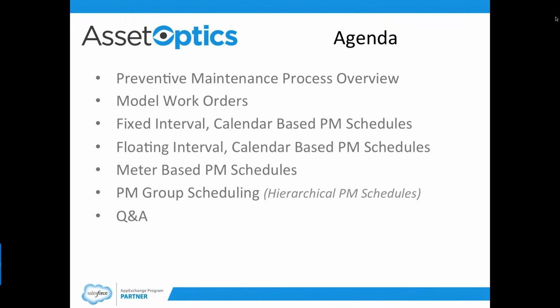And those 4 different types are fixed interval calendar-based PM schedules, floating interval calendar-based PM schedules, meter-based PM schedules, and a new feature released in version 2.9 called PM group scheduling. And PM group scheduling is hierarchical preventive maintenance procedures. And that is where the parent suppresses the child PM procedure.